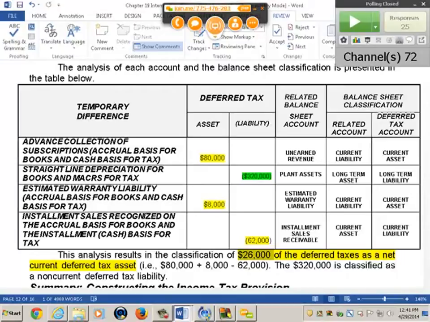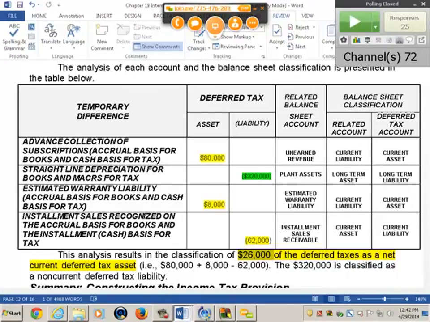Or this could be federal, that could be New Jersey. You can't offset them. Now, I've seen companies offset and net them, but they have disclosures, but technically this is what you're supposed to do on the balance sheet. Okay. All right, so that's your classification.